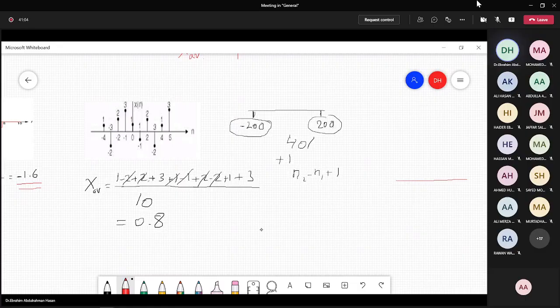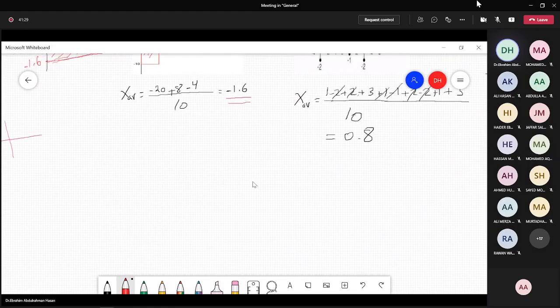So this is 0.8, if you start from -4 it becomes 0.8, and -3 it is equal to 0.8, -2 0.8, and -1 and so on until you reach 5, all of them 0.8. So this average means constant.